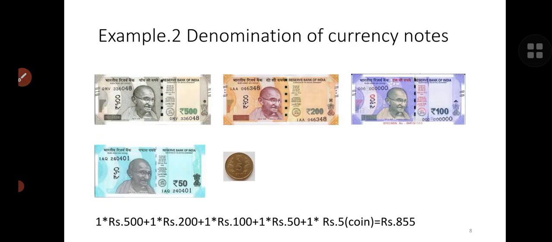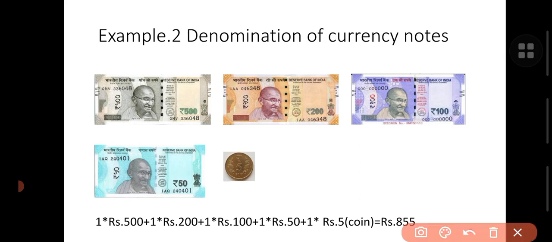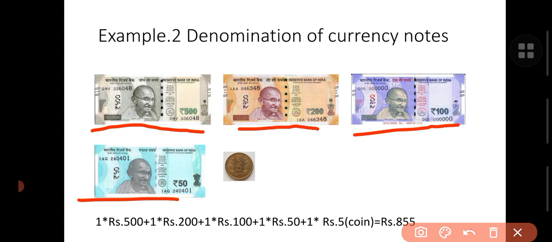Example 2. Denomination of currency notes. Here 500 rupees note, 1 number, 1 number of 200 rupees, 1 number of 100 rupees, 1 number of 50 rupees, 1 number of 5 rupees coin.